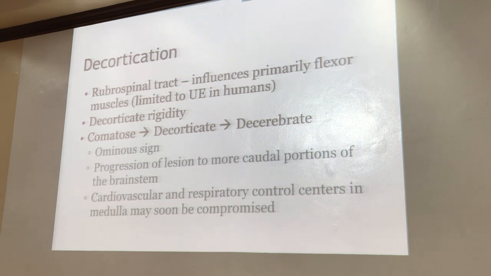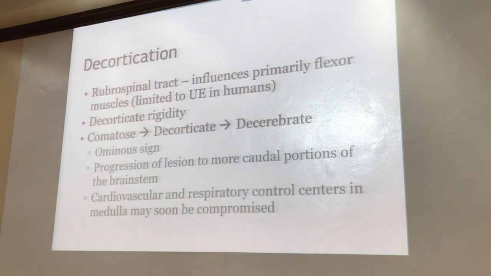And this is actually an ominous sign, because if you have a lesion that removes cortical influences, it can descend to involve the lower centers in the brainstem, and what do you find there? Control for cardiovascular function and respiration. So we watch out for any deterioration.